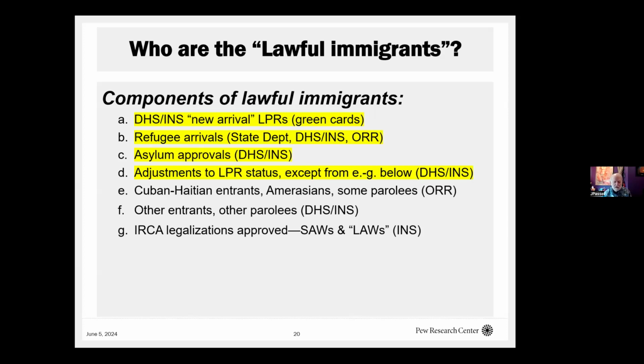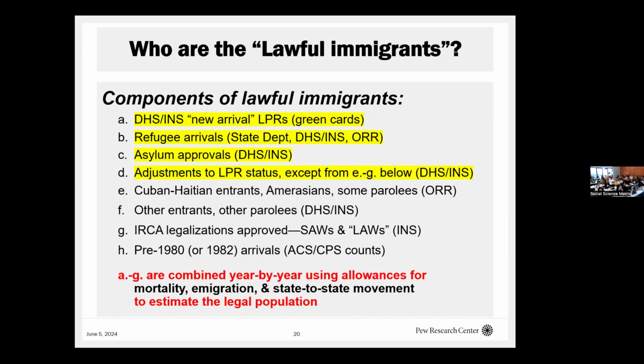And a big group, G here, are the people who were legalized under the Immigration Reform and Control Act around 1990. They had to be added to the population at that point. And finally, basically, we assume that anyone who came to the US before 1982 or 1980 is legal because they could have legalized under the 1990 Act.